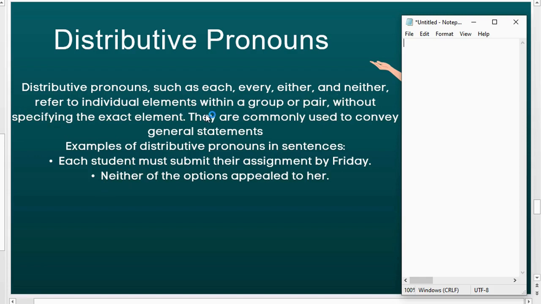I think if you learn grammar and you know how to use each, neither, either in the IELTS writing test, we have to use these kinds of words, and it enhances our scores and grades in IELTS.